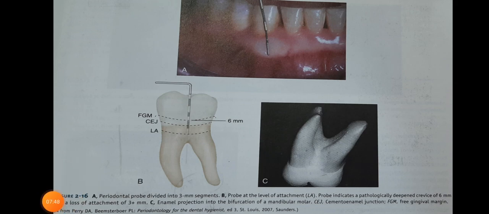Picture C, enamel projection into the bifurcation of a mandibular molar. In this, LA means level of attachment, CEJ means cemento-enamel junction, FGM means free gingival margin.